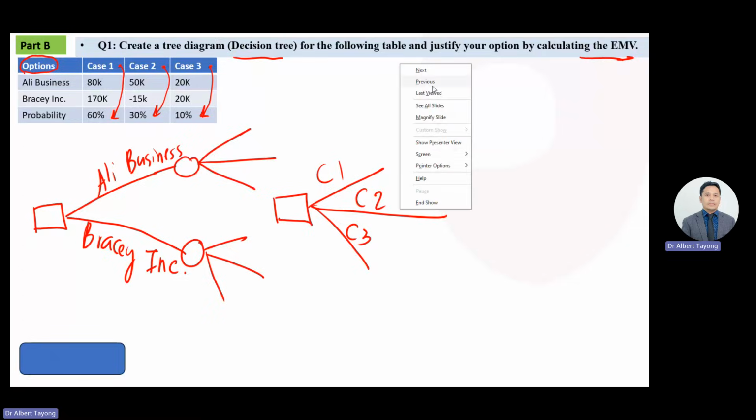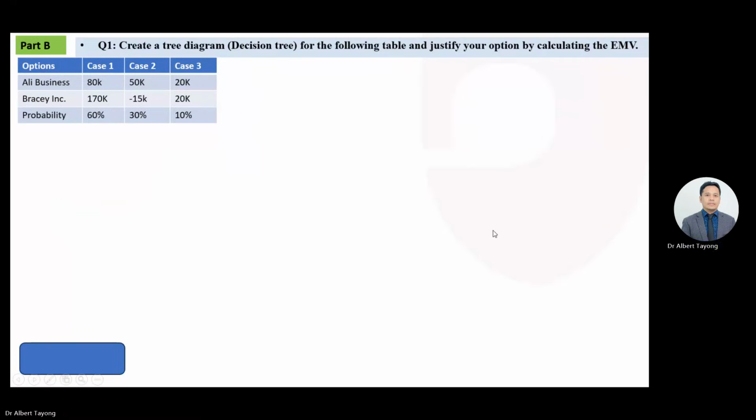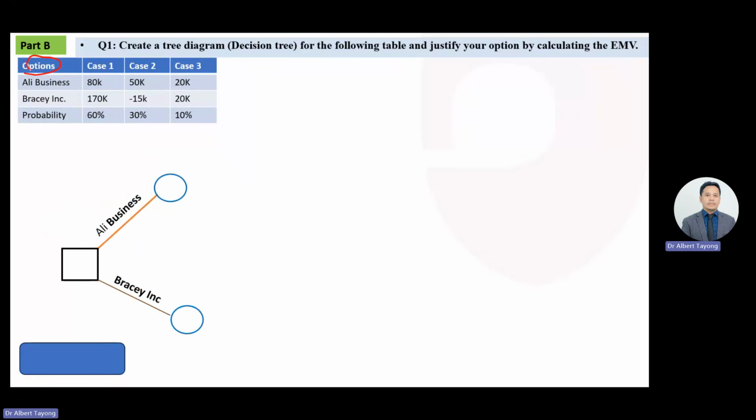Okay, so I hope this is clear. So we need to start with a square or a box or rectangle, and then we put our options. We have Ali Business, and we have Bracy Incorporated, and then that is followed by the probabilities after the circles. So we have 3 probabilities here, case 1, case 2, and case 3. So case 1 is 60%.